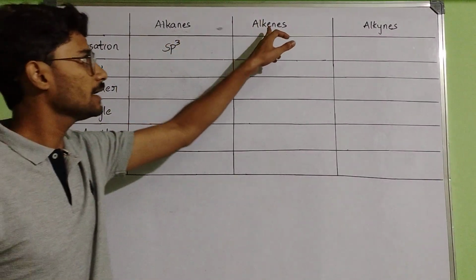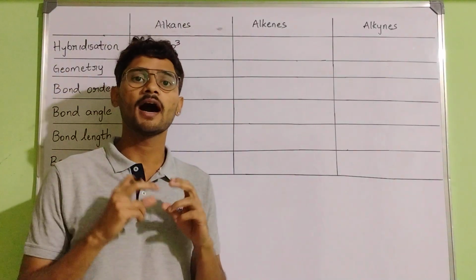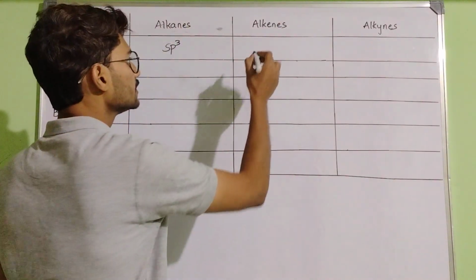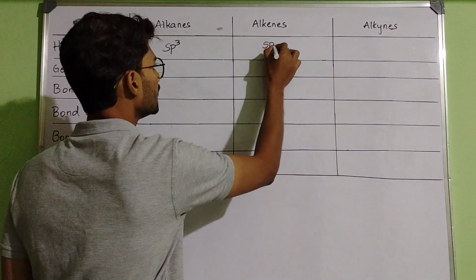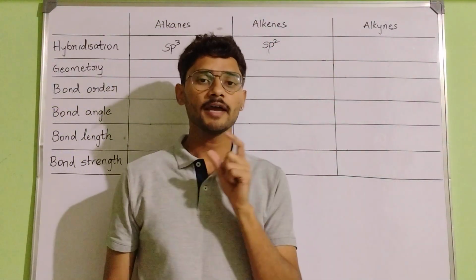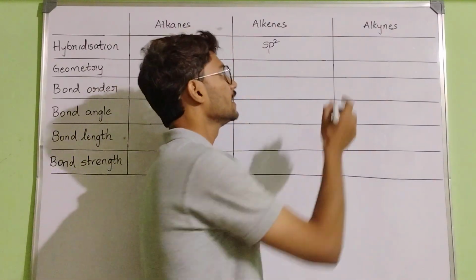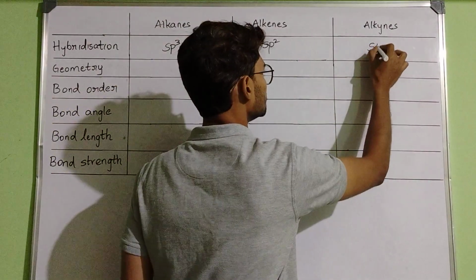Now coming to the alkene system, the hybridization of double bonded carbon atom is always sp2 hybridization. Now coming to the alkyne system, the hybridization of triple bonded carbon atom is always sp hybridization.